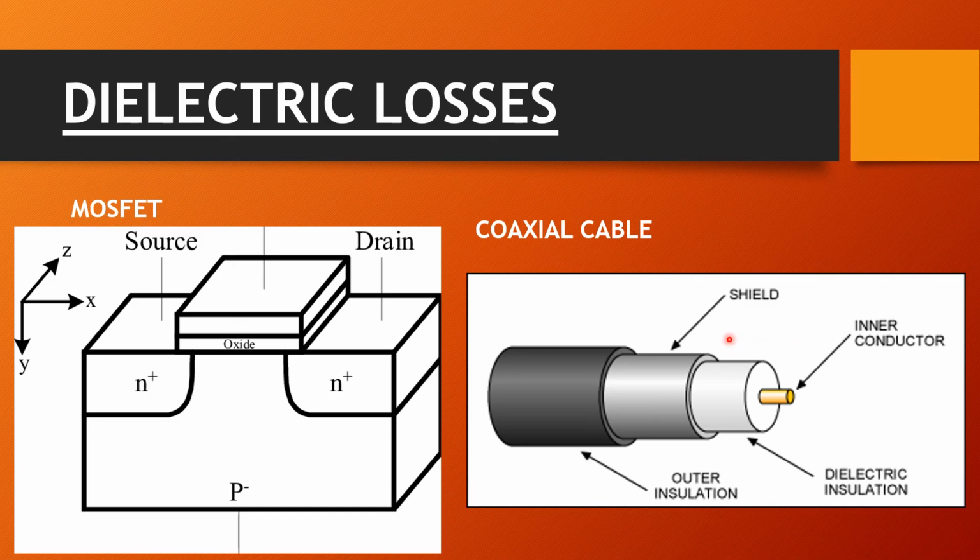Any kind of dielectric, if it breaks, definitely leads to dielectric losses and results in radiation of the signal from the device, and this results in losses, reduction in gain and reduction in the efficiency of the devices. So it is not good.